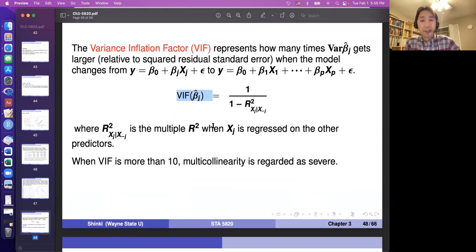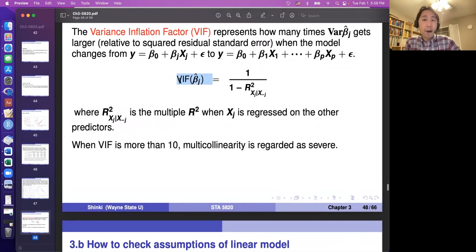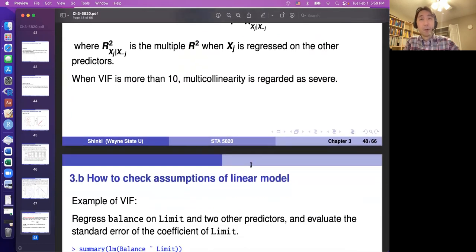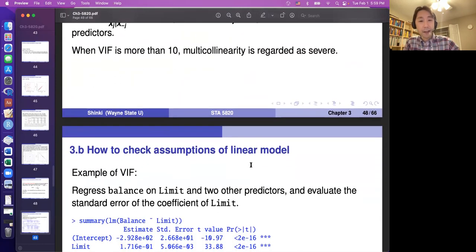The reason is not clear, but we will see with numerical examples that this is the correct formula. If the variance is inflated more than 10 times, or the standard error is inflated more than 3.2 times, the square root of 10, then people say the multi-collinearity is regarded as severe. 10 is not a magic number, just a ballpark estimate.